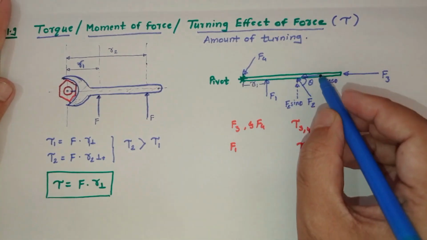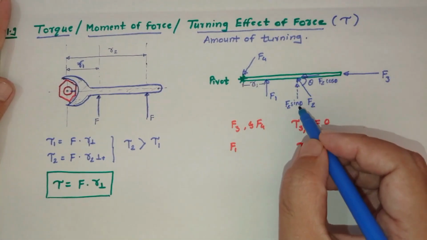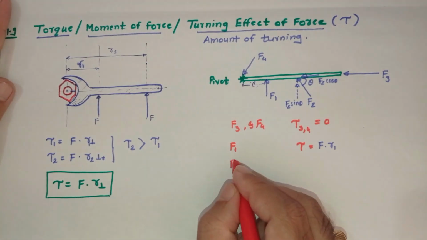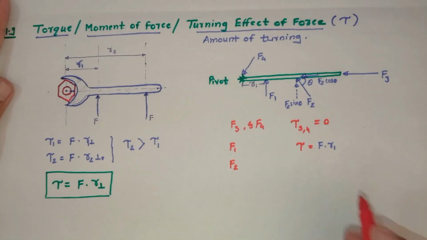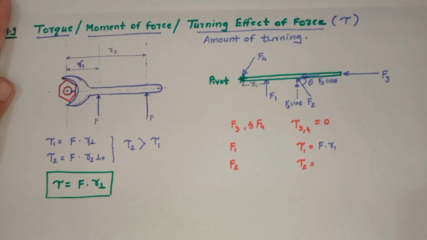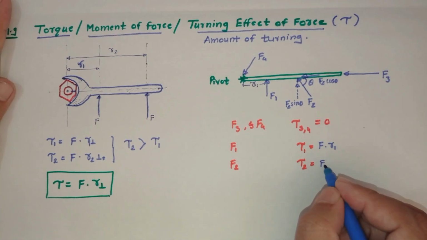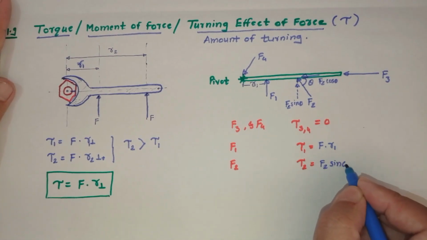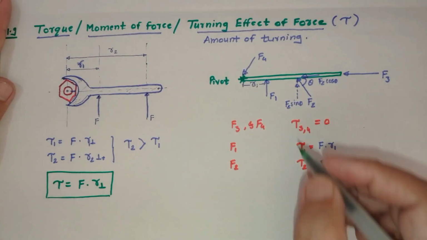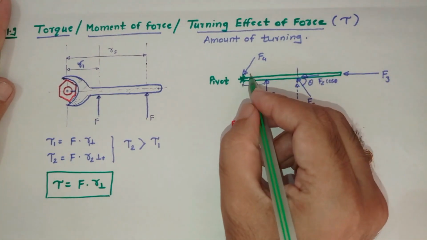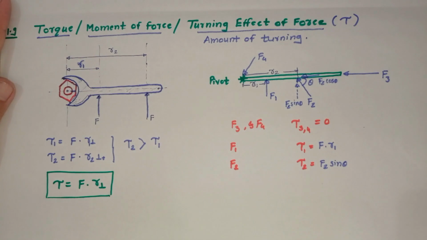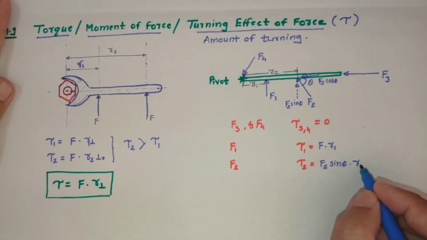This F2 cos theta will not produce any torque. F2 sin theta जो है torque produce करेगा. So F2 will produce the torque which is equal to F2 sin theta into perpendicular distance. Suppose this force is at a distance R2, so perpendicular distance is R2.